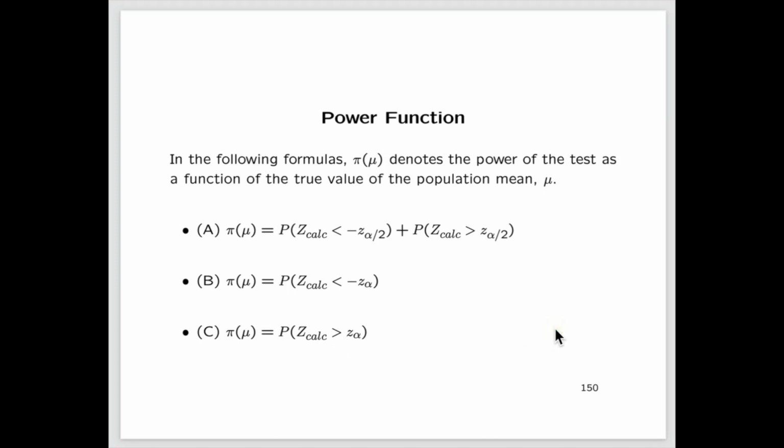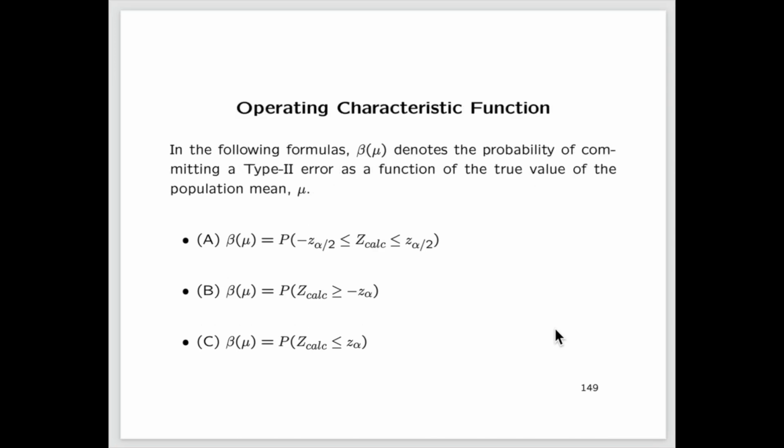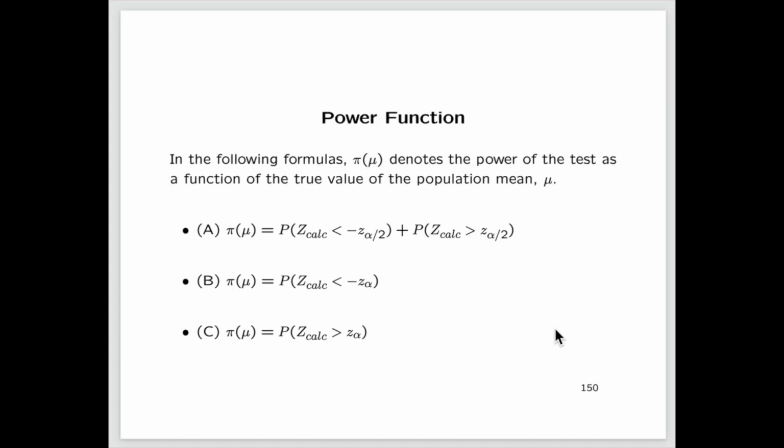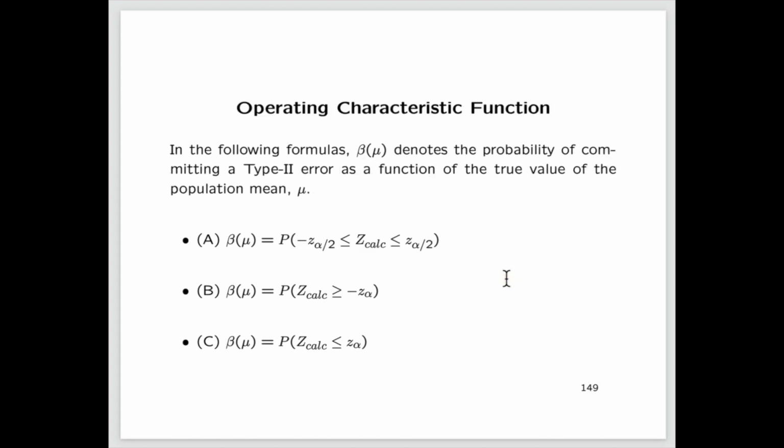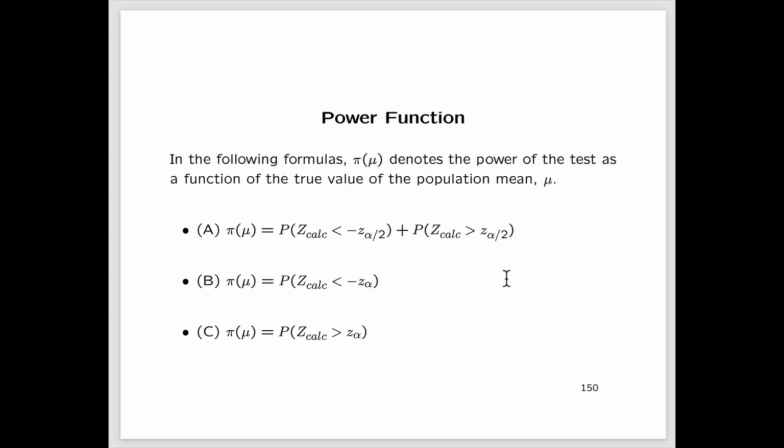So in each of these two slides, we are expressing the operating characteristic function, the beta function, as a function of mu and in terms of zcalc. So we have the operating characteristic function, beta of mu, and the power function, pi of mu.